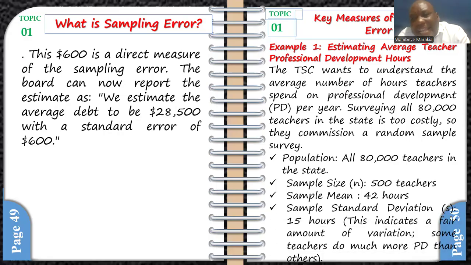The sample size is 500 teachers, and the sample mean is 42 hours, and the standard deviation is 15 hours. So this is the information we are going to use to calculate the standard error for surveying 500 teachers instead of taking the entire population.